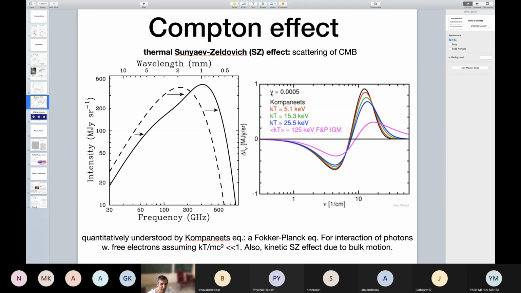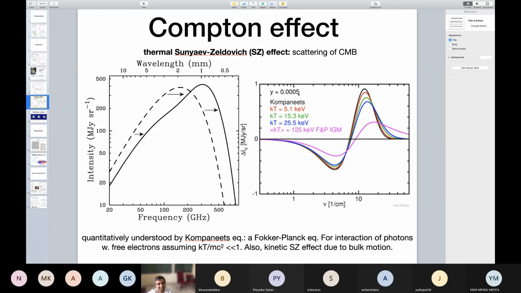So this is the Compton Y. If you recall, we had this Compton Y parameter, which was delta epsilon by epsilon multiplied by the optical depth, right? And I said the optical depth is like 10 to the minus 3. So delta epsilon by epsilon is kT by mc squared, which is like 0.1-ish, and the optical depth is like 10 to the minus 3.